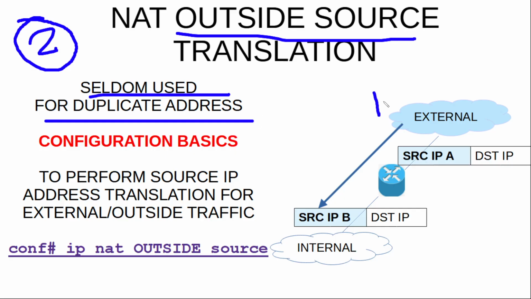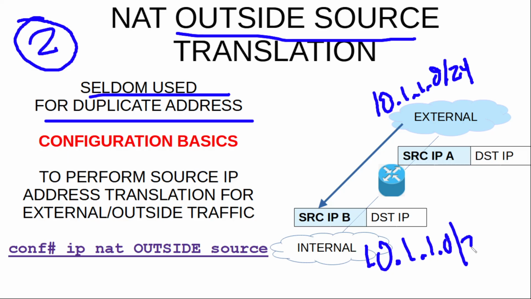So for instance, you have configured your network 10.1.1.0/24 here, and you are using internally here your 10.1.1.0/24 network. So there is an overlapping of networks, so in those cases we are going to perform outside source translation.